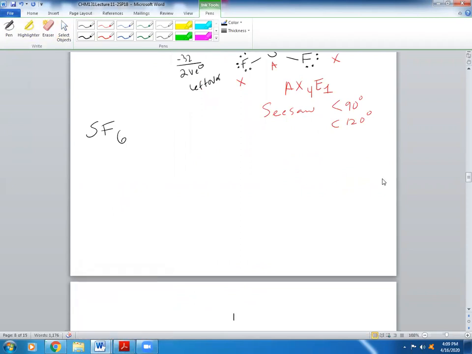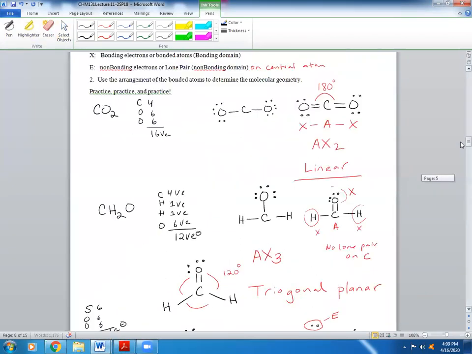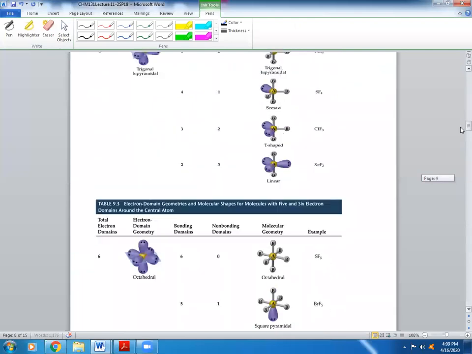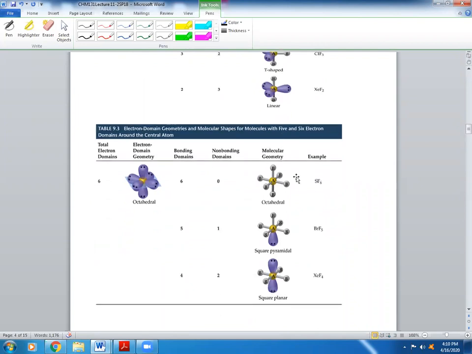You should work on SF6. Remember, there are obviously T-shaped ones and other ones, but again, be able to just follow the same method.